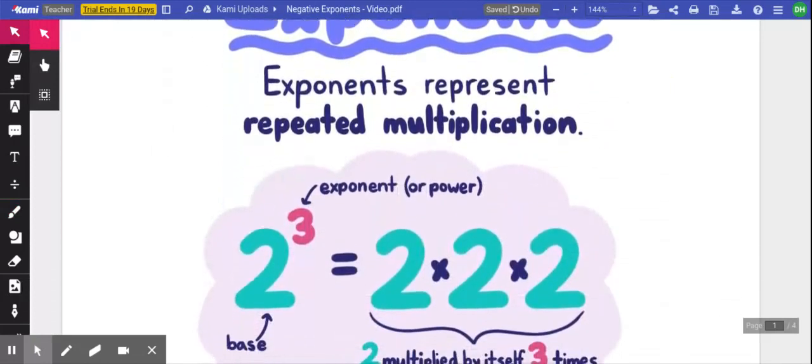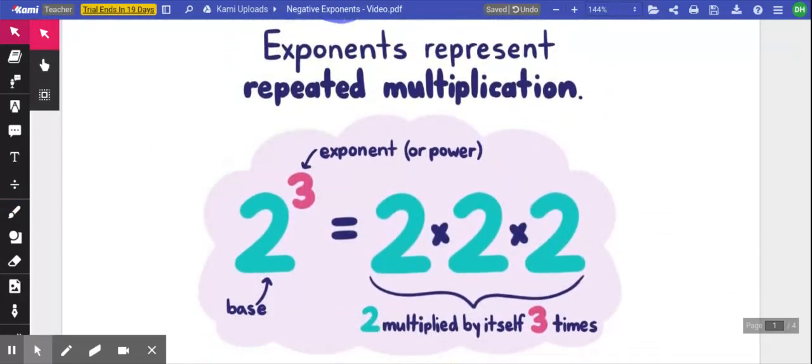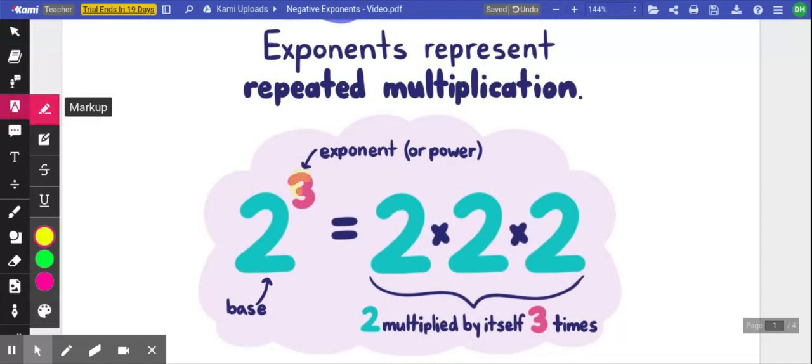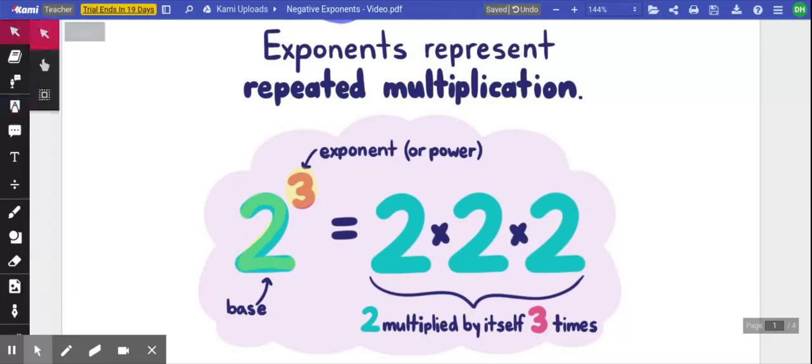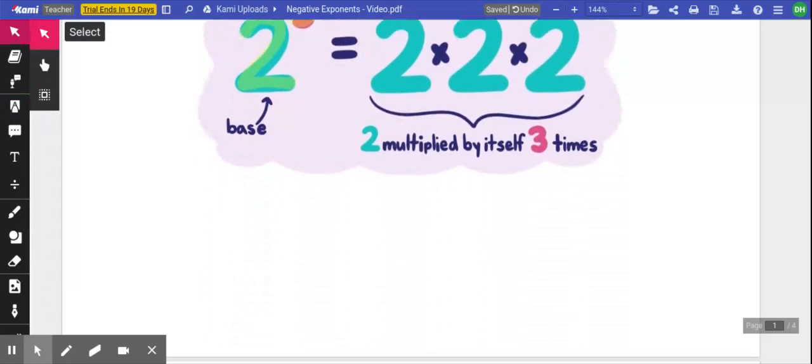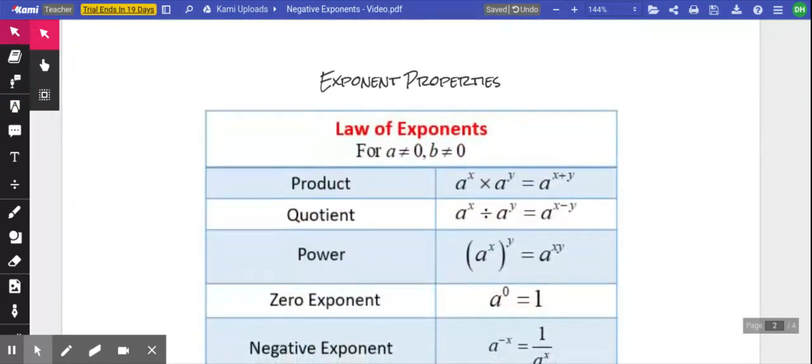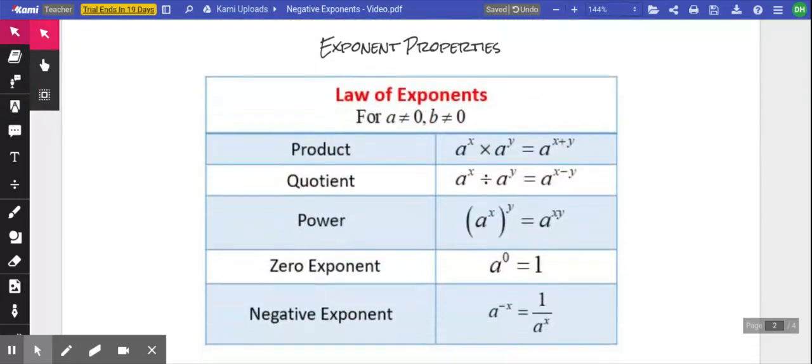And here it is, just a beautiful graphic. We've certainly got our exponent up here. This number here, the 2, is called my base. So we're going to use that terminology and refer to the base quite a bit here today. And again, just some other properties that we've seen leading up to this point.